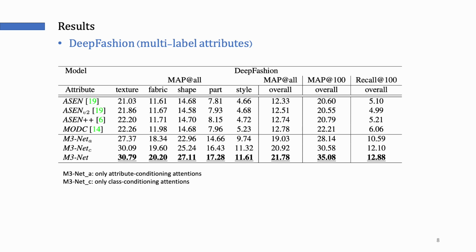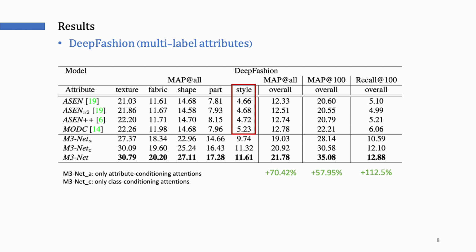DeepFashion is a very challenging dataset. For example, the mean average precision on attribute style is very low in previous studies. While on this dataset, we observe a very large improvement. It is because our method improves the granularity of representations and also the discriminative power.